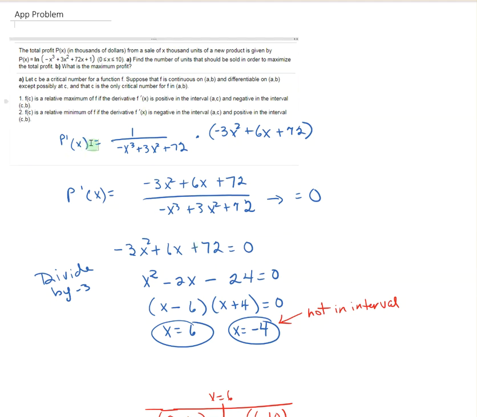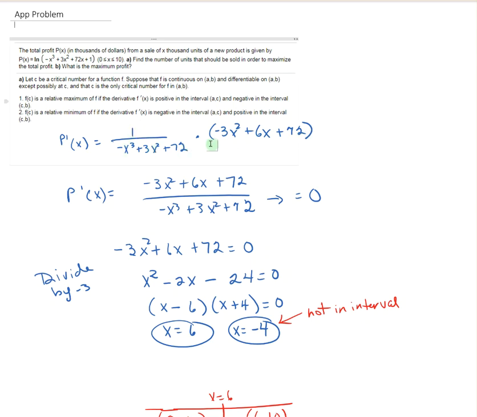So P prime of X is, when you're taking the derivative of ln, it's 1 over this times the derivative of what's inside. So the derivative of this is negative 3x squared plus 6x plus 72 times 1 over this.